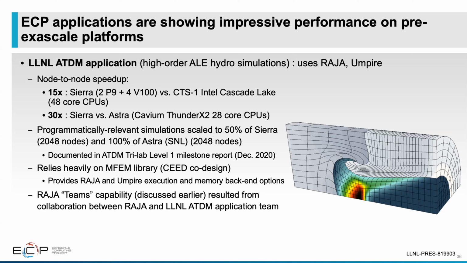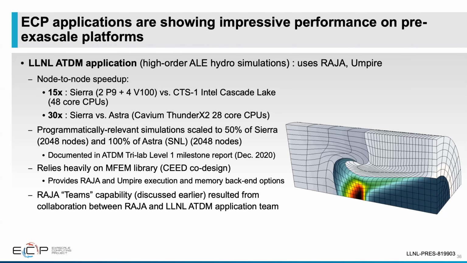Sierra is the GPU machine. They've been reporting 15x speedups versus a commodity system, and they've also been reporting 30x speedups on Sierra versus Astra. This is an example of an application code that also integrates with a math library. Another example of how we work with application teams to add new capabilities into RAJA.